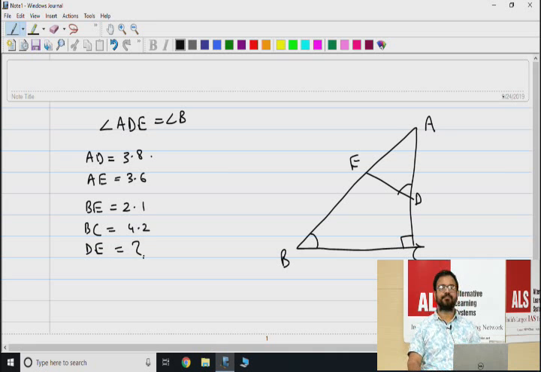We have to find DE. And you can see in the diagram, this angle C is 90 degrees. ADE is this red angle, and this is B.